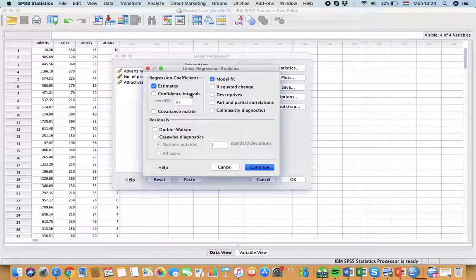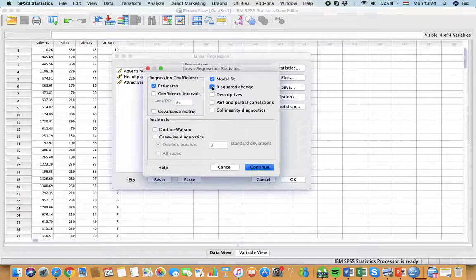And then you've got the model fit. This provides a statistical test of the model's ability to predict the outcome variable. So this displays the F-test, the simple R, which is the correlation, the R square, which is the percent to which the predictor variables explain the outcome, and the adjusted R square.